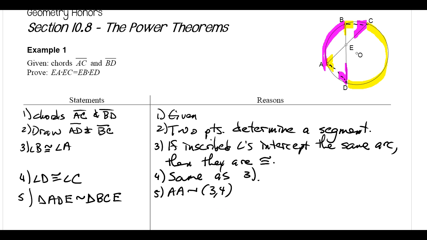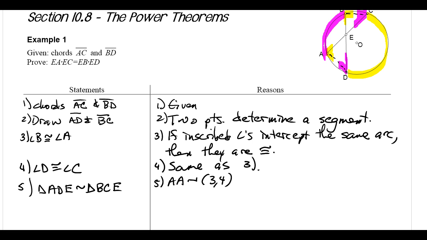So once the triangles are similar, we know that the corresponding sides have to be proportional. So I'm going to make a proportion using the corresponding sides. So I've got EA, and the side that it corresponds to on the other triangle is EB. And that ratio is going to have to be equal to ED to EC.